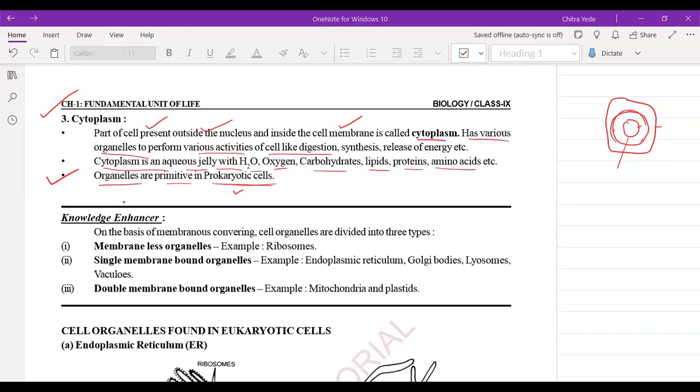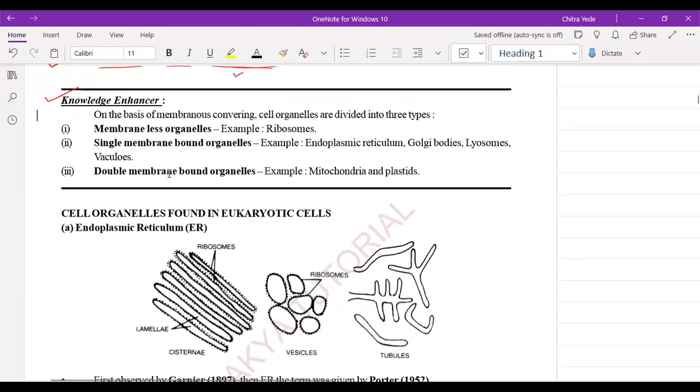Now we have a knowledge enhancer, very important. On the basis of membranes, all cell organelles are divided into three types, like their envelope is single membrane or double membrane bound. Membrane-less organelles we have ribosomes.